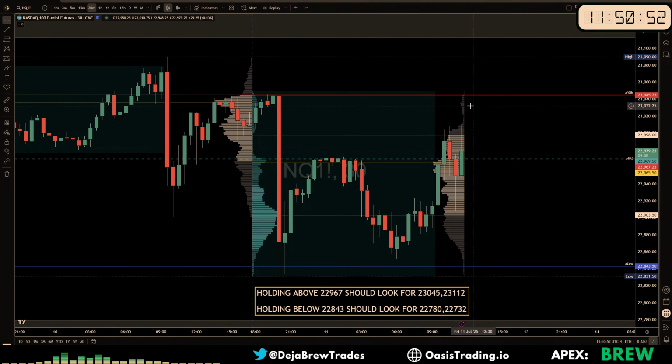You can front run that, I'd say to like 30, because you want to front run that POC node. So I'd say probably closer to 30. Invalidation level is still around 50 to 30. So holding below 50, holding below 30, looking pretty damn bearish.